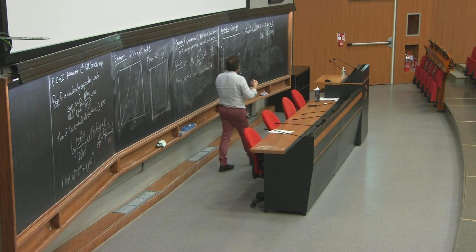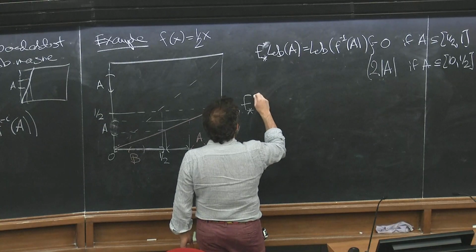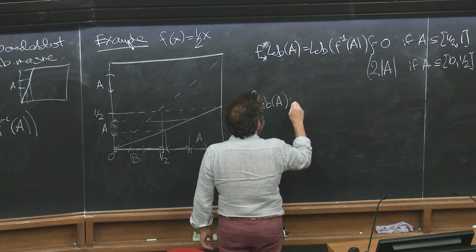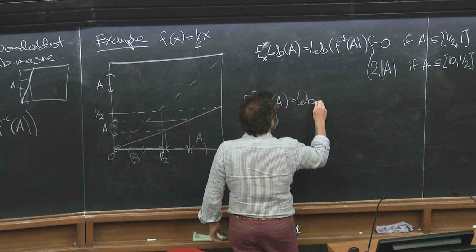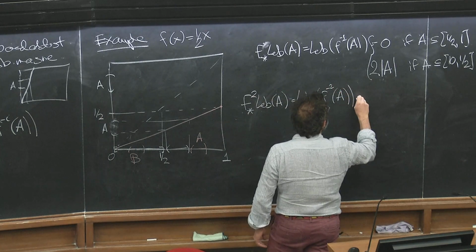And so you can continue this. Sorry, I don't know why I put f star here. So you can easily see that f star 2 of Lebesgue measure of A is equal to Lebesgue measure of f minus 2 of A.